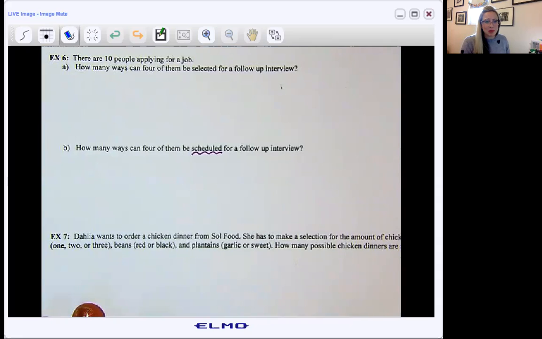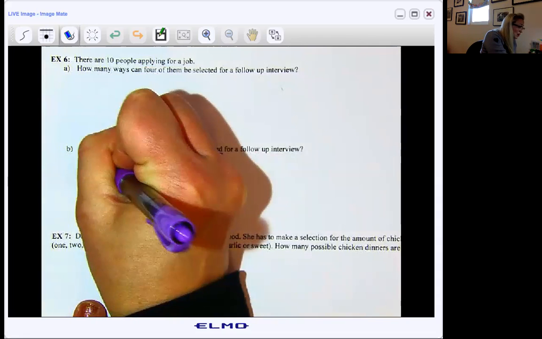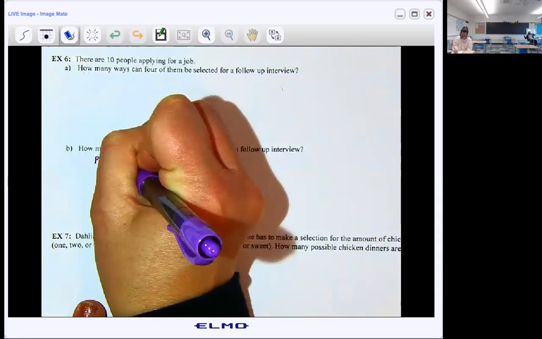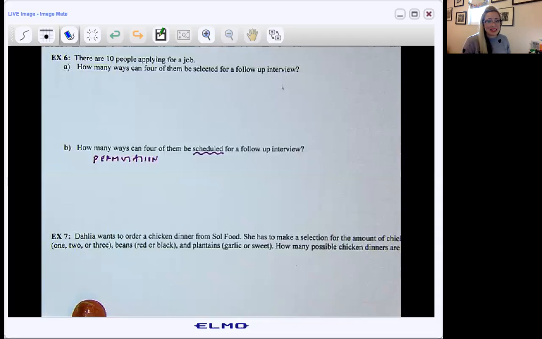So if I have 10 people who are applying and I'm picking 4 for a follow-up interview, right? I have 10 who could be in that first slot, and then I'd have 9 that could be in that second slot, 8 in the third, 7 in the fourth, right? It's clear-cut permutation down here in B because order matters. There's an order to how we schedule.